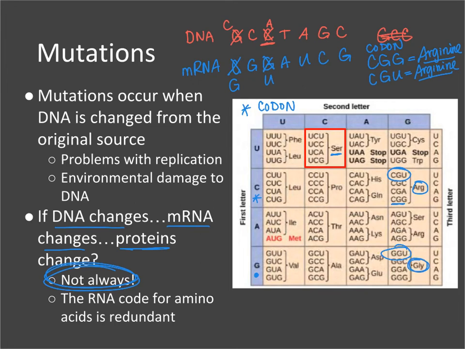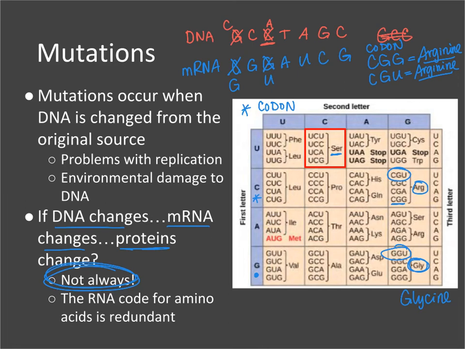So now we've got a problem because now instead of arginine, we have glycine in that spot, and now we have a protein that doesn't have the right polypeptide chain. It's got the wrong amino acid in the wrong spot.